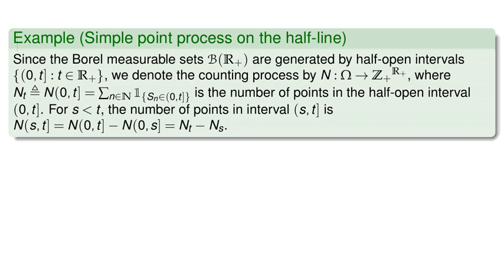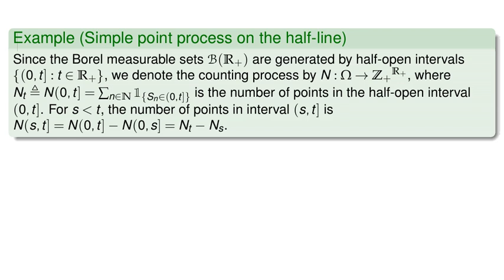Let's revisit our example of a simple point process on the half line. Since the Borel measurable sets ℬ(ℝ+) are generated by half open intervals of the form (0, t] for t in ℝ+, we denote the counting process by N mapping from Ω to ℤ+ raised to ℝ+. Here, N_t is defined as N of (0, t], which is the sum over n in natural numbers of the indicator function that S_n is in (0, t].